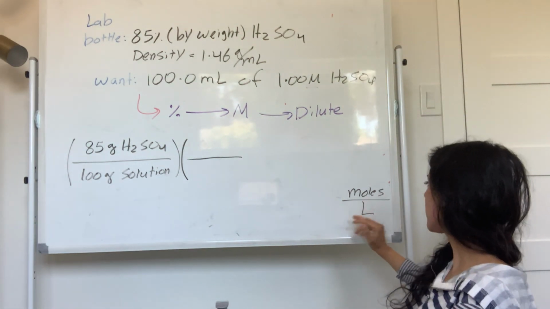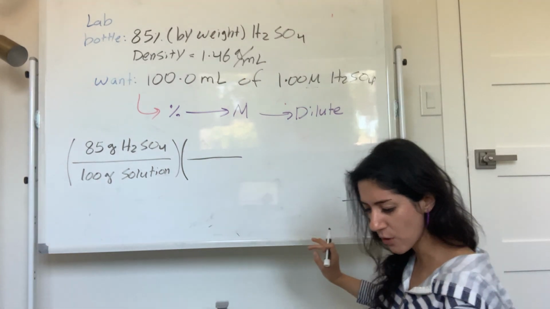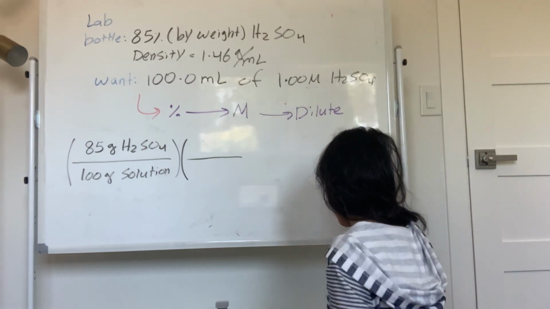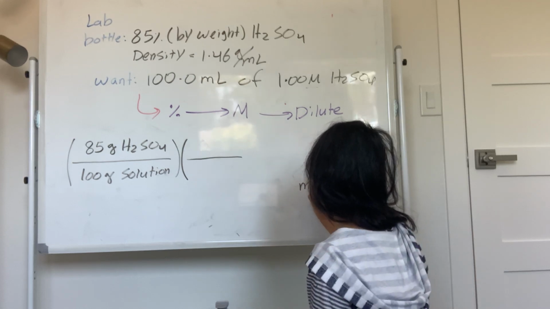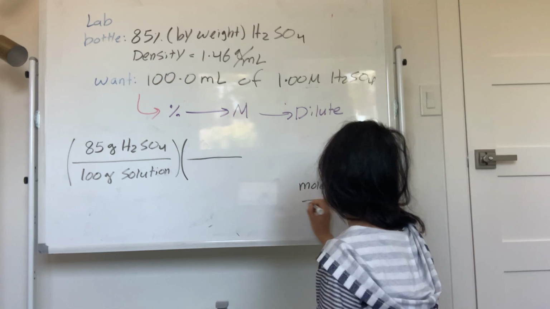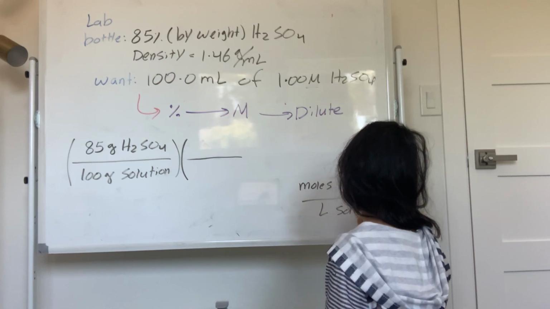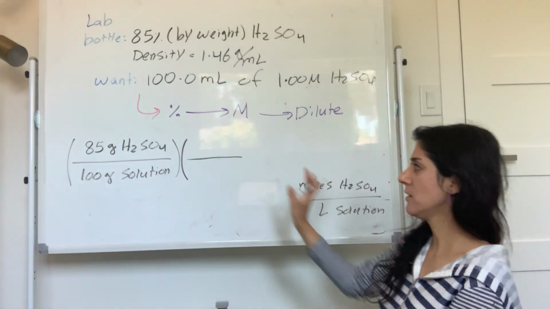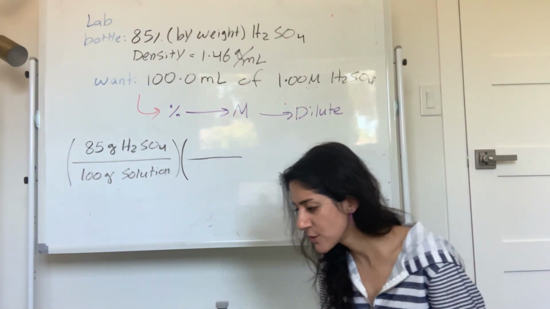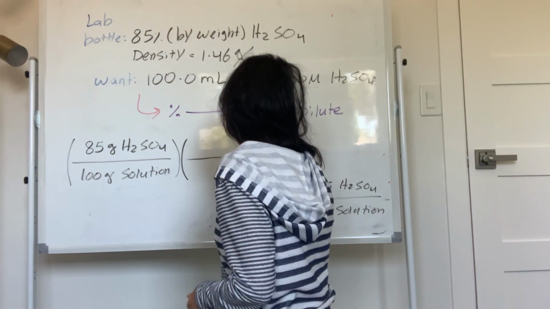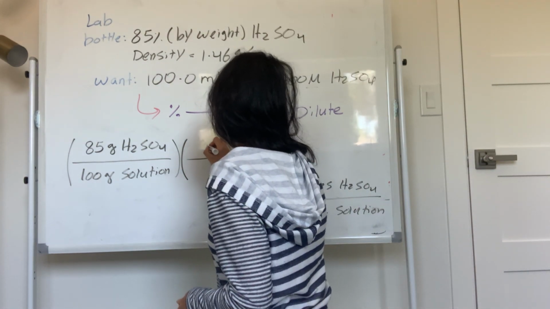Let me actually write it down nicely. My end goal is moles of H2SO4 over liters of solution, because that's molarity, yeah? I'm going to try to cancel things out to get to that. So I don't want grams. Grams are going to go over here. I want moles.